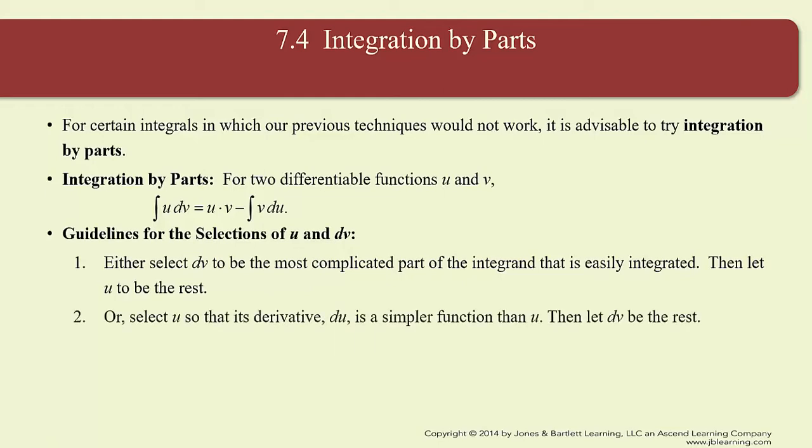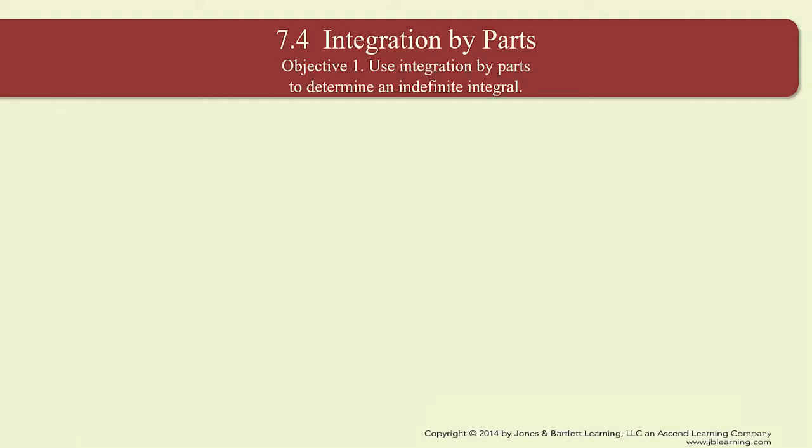Or, guideline 2: you select u so that its derivative du is a simpler function than u. Then you let dv be the rest. Right now, you might be saying, what in the world is going on? I'm not quite sure I understood everything. Hopefully you have this in your notes, because as we go through a couple of examples, this will start to make sense.